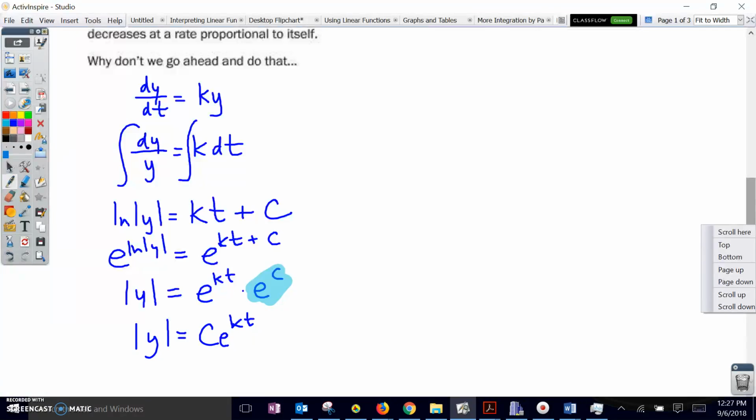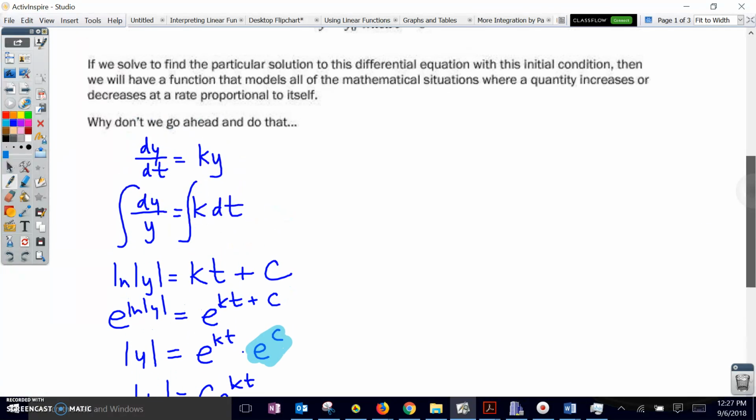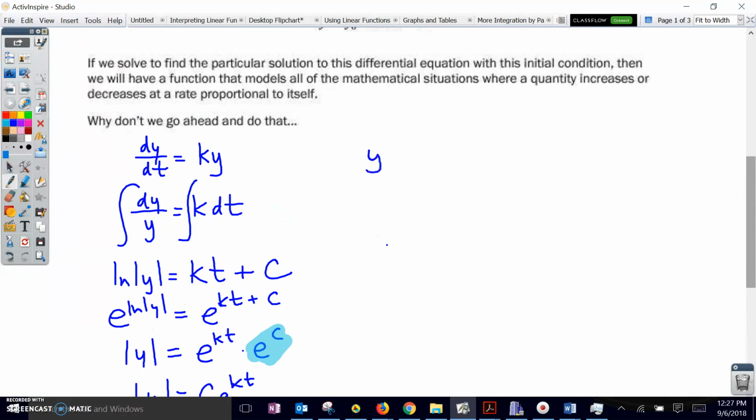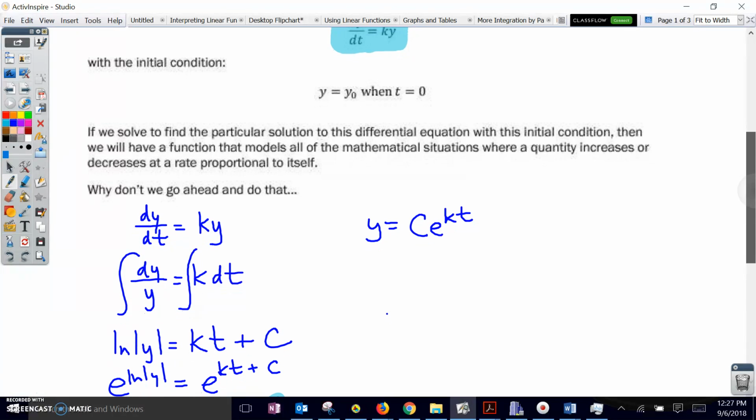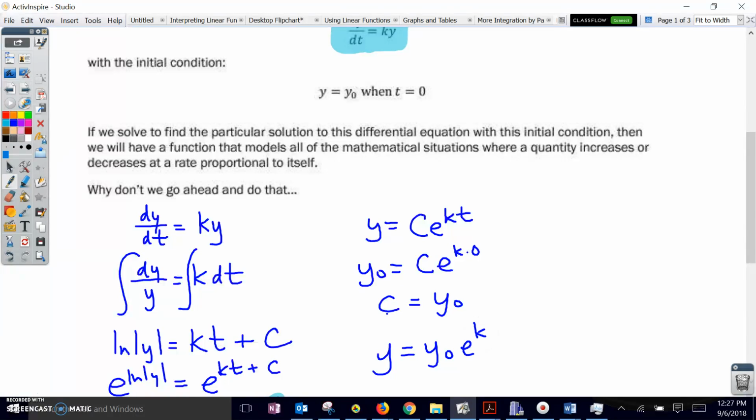And I'm going to absorb that absolute value into the constant, and so we have the equation y equals c e to the kt. And now we're going to apply to that the initial condition to find the value of c. So y equals y sub 0 when t equals 0. So in essence, our constant is going to be y initial. And so we've got y equals y sub 0 e to the kt.